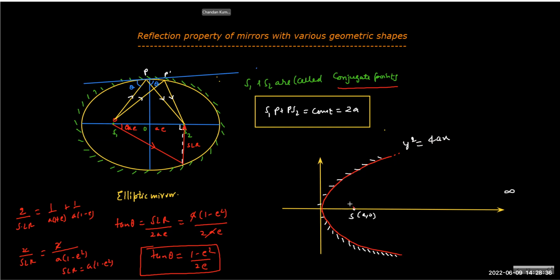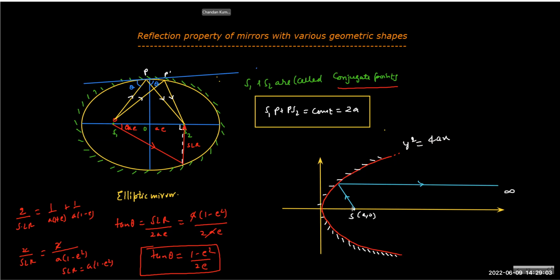Any light ray coming from the focus, we have only one focus, will after reflection go to the other focus, which is at infinity. And infinity means it will become parallel to the axis of the parabola.